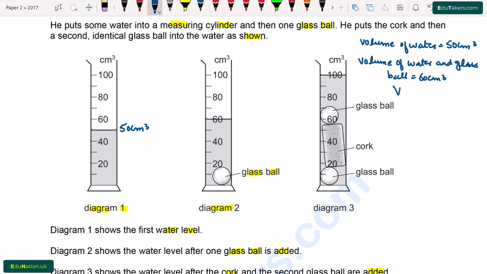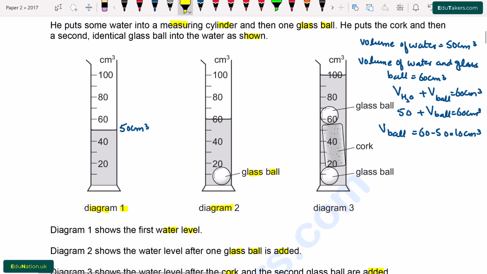Volume of water plus volume of ball is equal to 60 cubic centimeter, but the volume of the water is 50 cubic centimeter. So 50 plus volume of ball is equal to 60 cubic centimeter. So the volume of the ball will be equal to 60 minus 50, which is equal to 10 cubic centimeter.